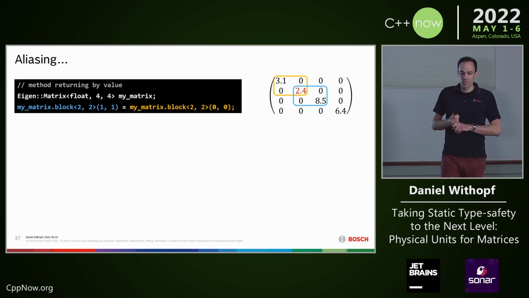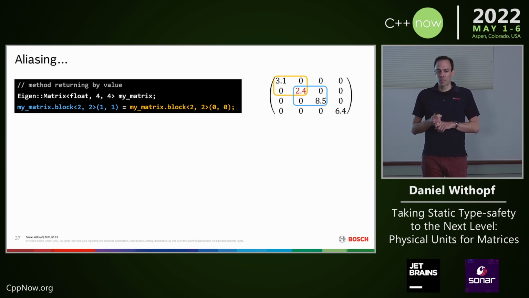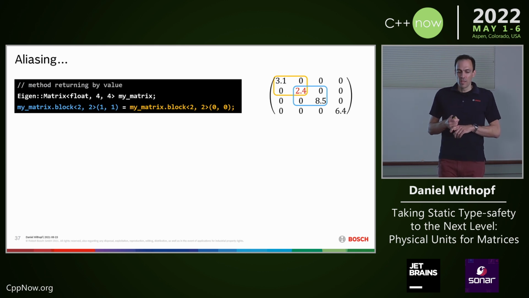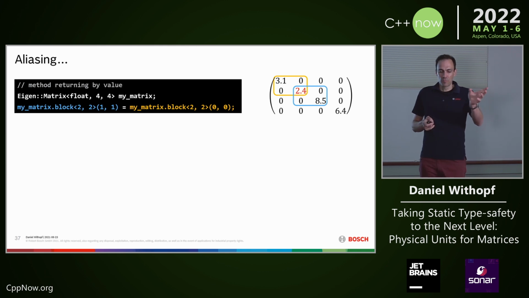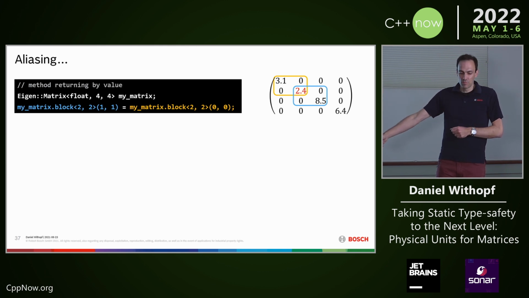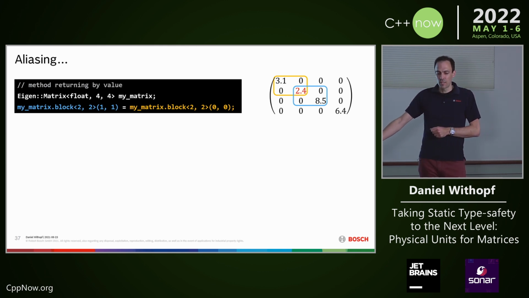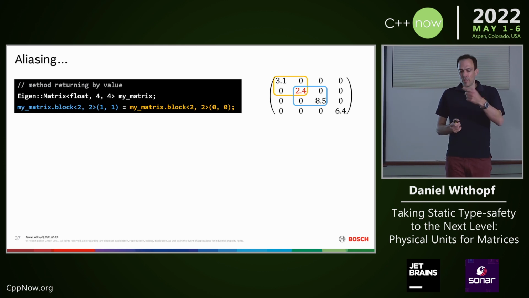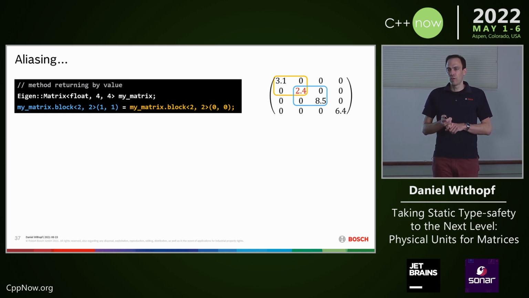So this element here, shown in red, is actually part of both blocks. And this means when we start the assignment that the 3.1 from the top left would override the 2.4. And then when we come to the assignment of the bottom rightmost element, the 8.5, this red element has already been overwritten with a 3.1, and we have the aliasing problem. This would lead to an incorrect result.